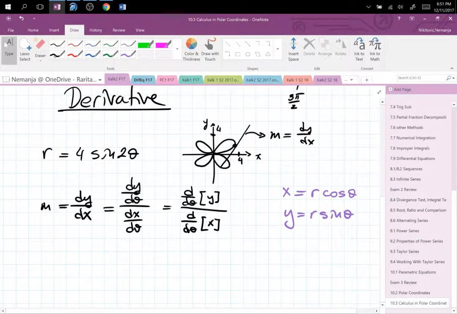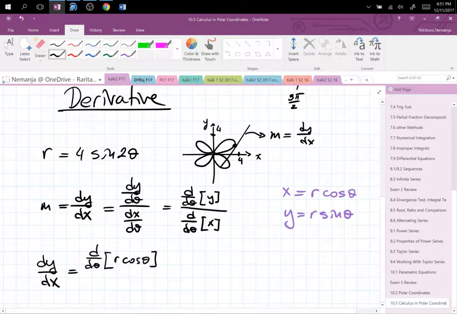So now your derivative dy/dx becomes the derivative with respect to theta of r sine theta, divided by the derivative with respect to theta of r cosine theta.